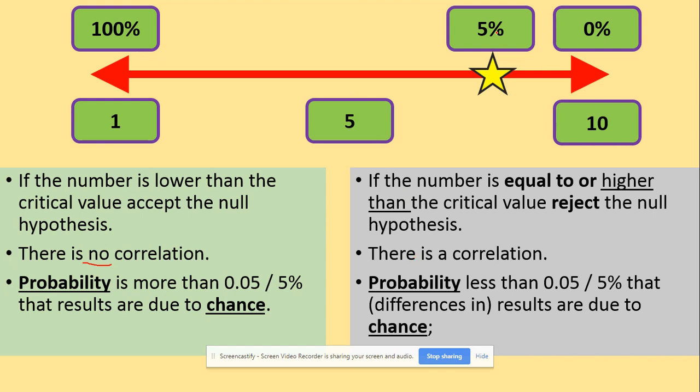But then if the number is equal or higher than the critical value, so again looking that way, but the percentage will decrease towards 0, then there will be a correlation and the probability will be less than 5% that the difference in those results is due to chance.